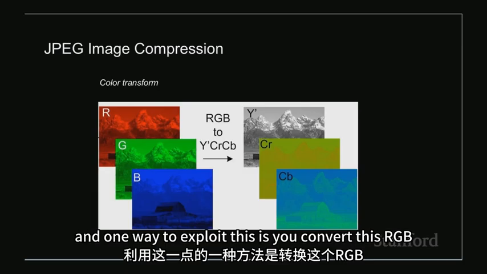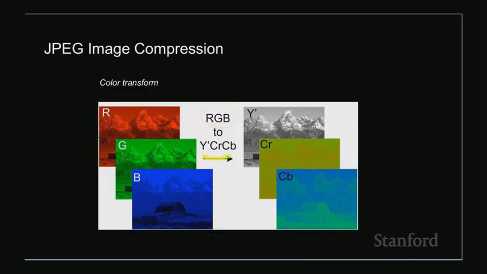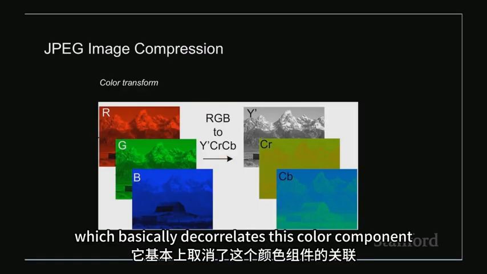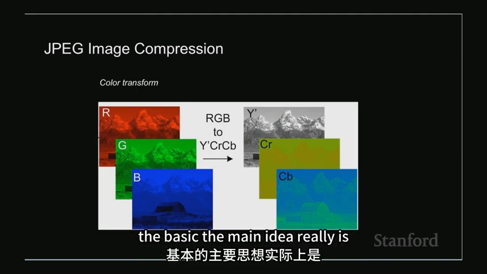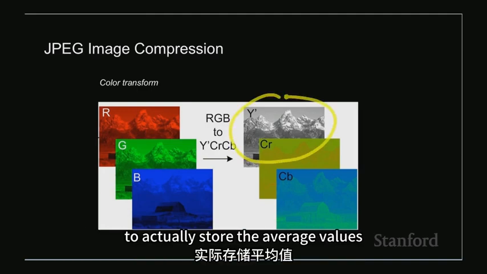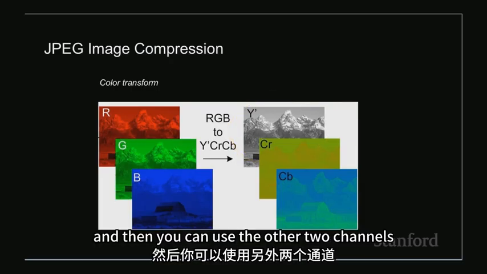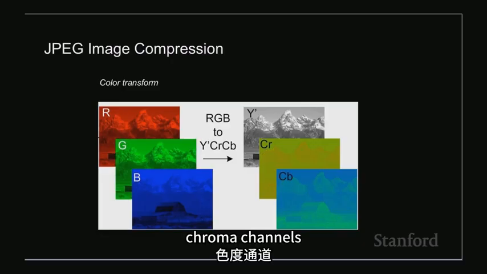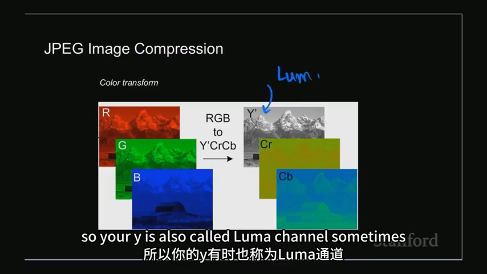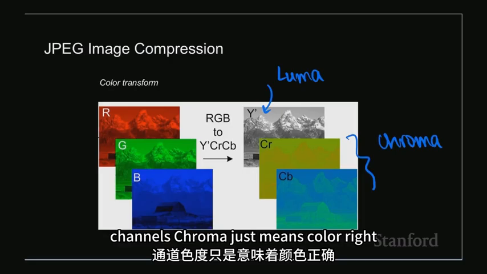One way to exploit this is you convert this RGB color space to something called, for now, YCrCb color space, which basically decorrelates the color components. The main idea is you can use one channel to store the average values, which captures the structure. And then you can use the other two channels, which are also called chroma channels. Your Y is also called the luma channel sometimes, and your CrCb are called chroma channels. Chroma just means color, right?